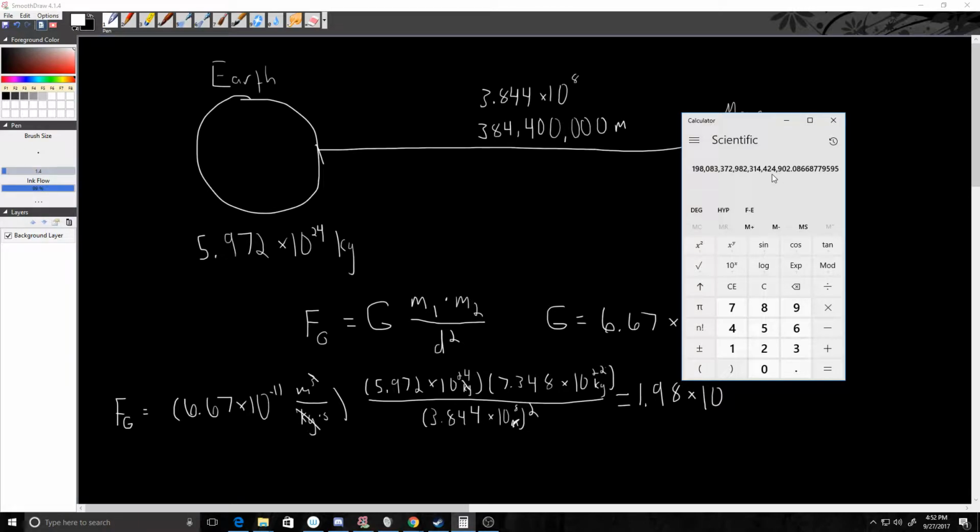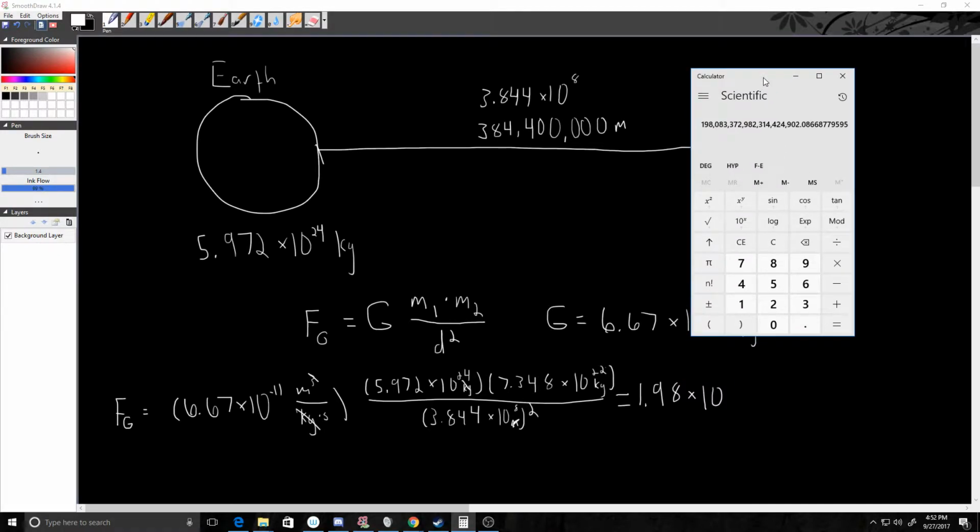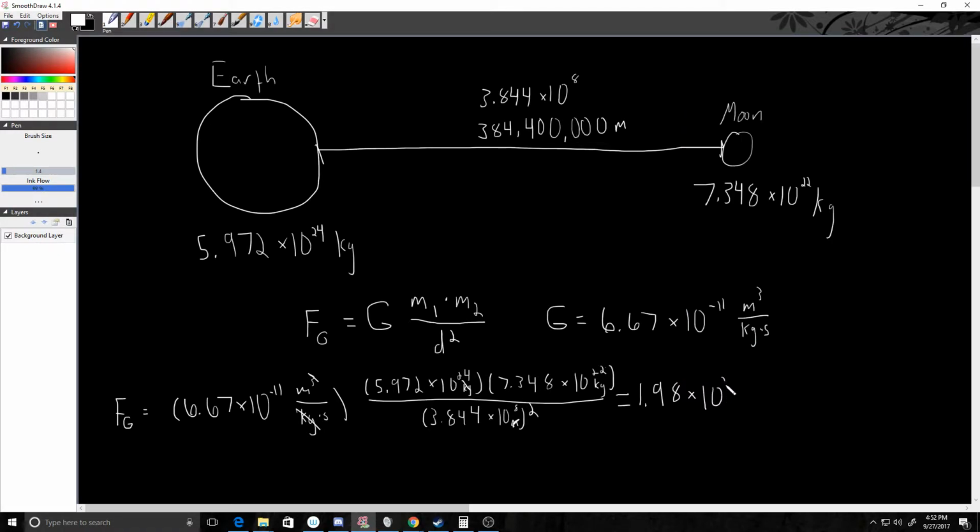We're going to go 3, 6, 9, 12, 15, 18, 20 times 10 to the 20th. And I'm going to go ahead and assume, oh, I messed up. That should be squared.